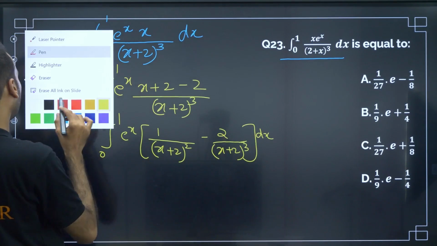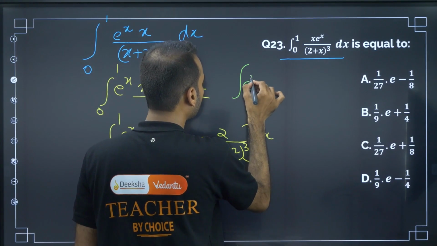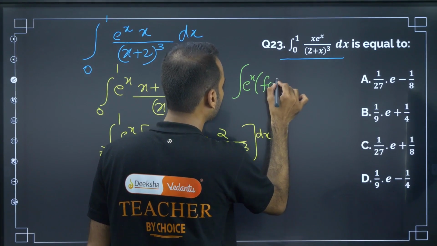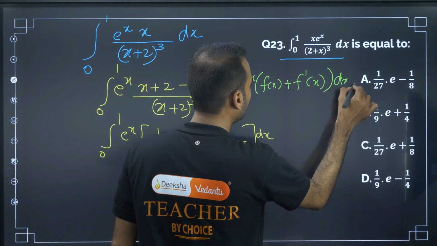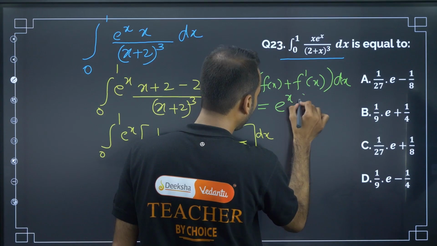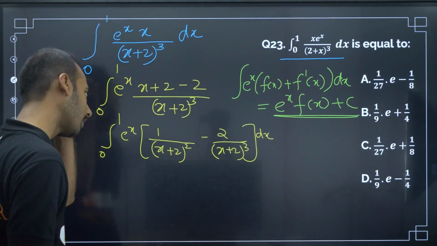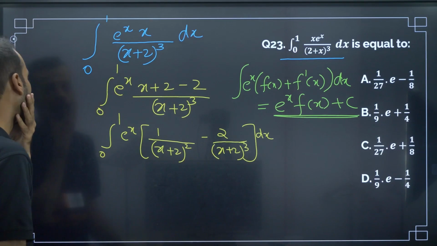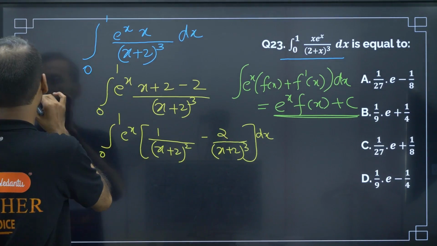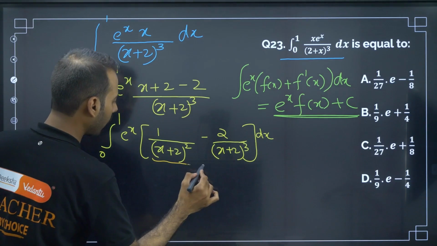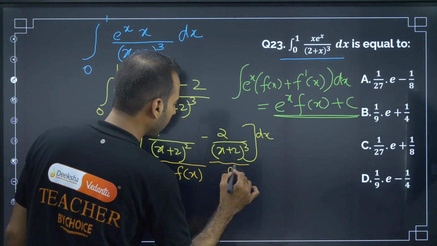Now try to recall one property. What is that? Integral of e raised to x times f of x plus f dash of x, dx is equal to e raised to x f of x plus c. Now if you observe this, you relate this and this. After relating, if I call this f of x, this is f dash of x.